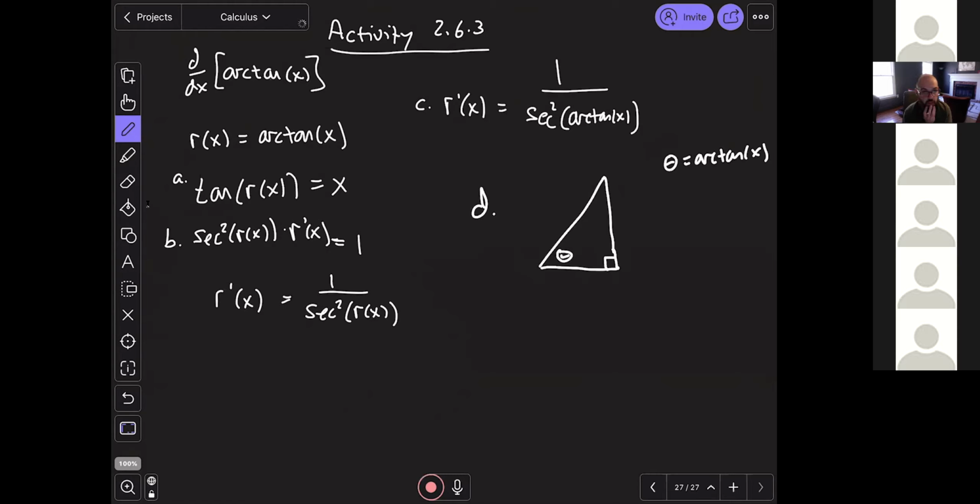So think about the three sides of the triangle, and what is tangent? Tangent is opposite over adjacent. So what do the sides of the triangle have to be?